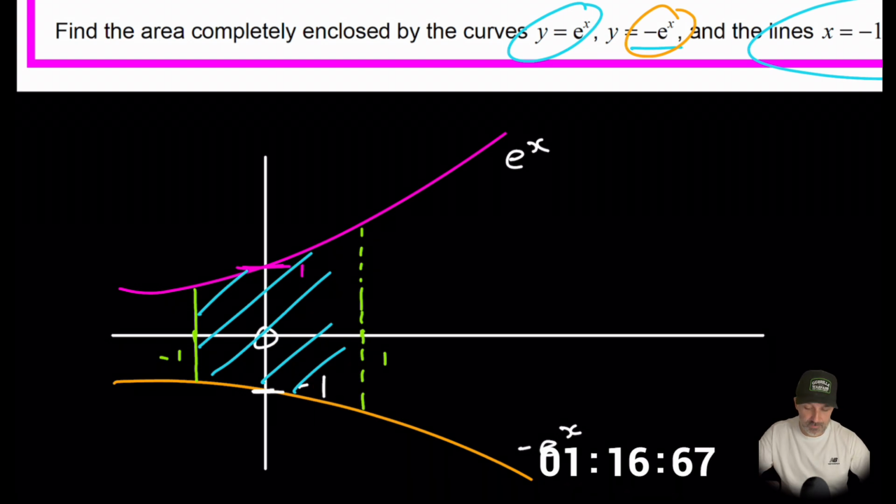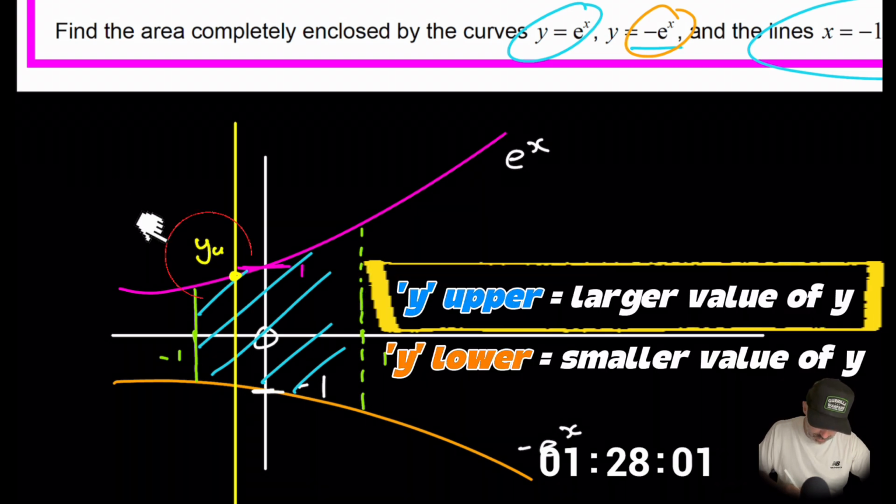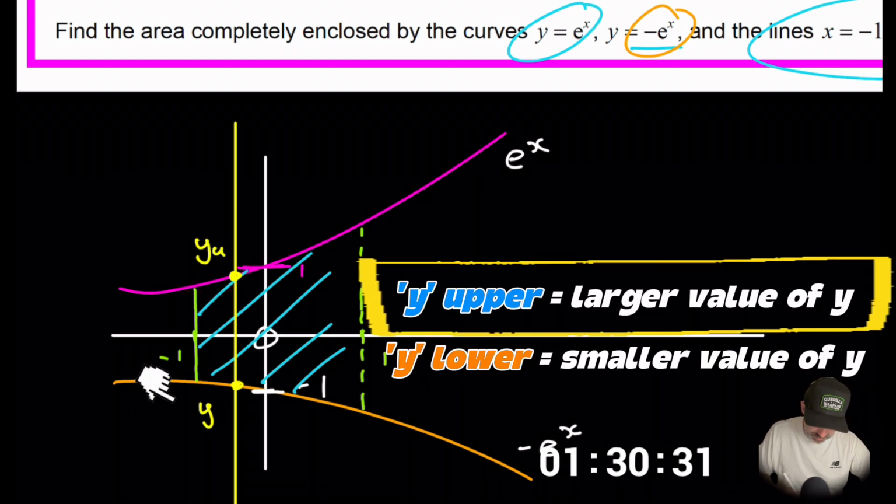Now, like I said, if you haven't seen my video on how to determine what the upper function and lower function is, just simply draw a vertical line down through here and observe that this function at the top we'll label as upper function, and this function at the bottom will be lower function.